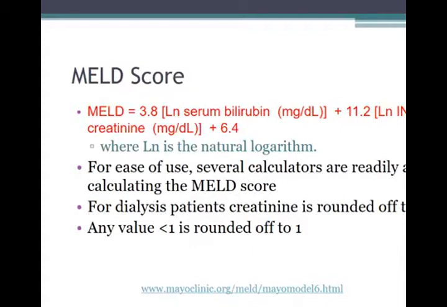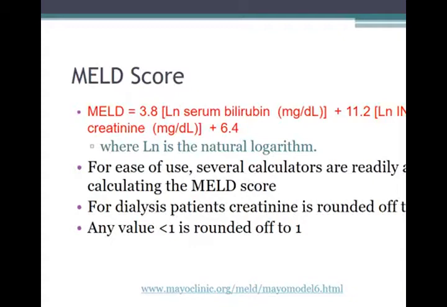It is 3.8 times the natural logarithm of serum bilirubin in milligrams per deciliter, plus 11.2 times the natural logarithm of INR, plus 9.6 times the natural logarithm of serum creatinine, plus 6.4, where ln is the natural logarithm, which is built into this score, and this score is easily available for calculation.